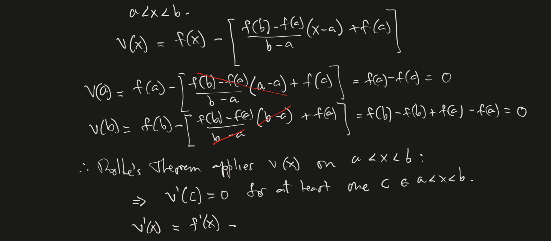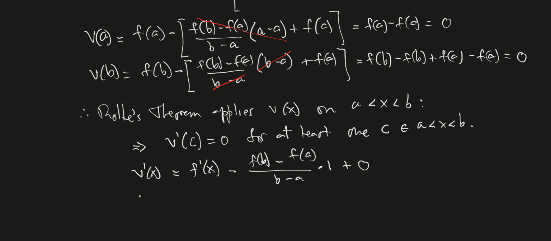If I differentiate a linear function, all I'm going to be left with is its slope, the coefficient of x. The coefficient of x is this part, so I'll have f of b minus f of a all over b minus a. Essentially, this becomes a 1. In fact, let me write that in. And this is just a constant. There's no x here, so its derivative is 0.